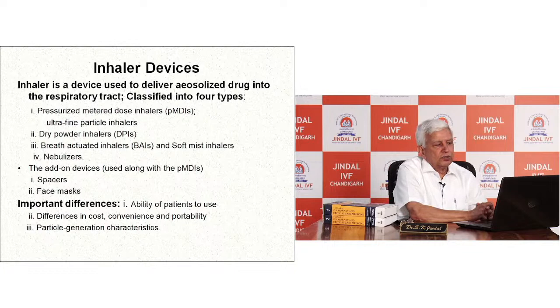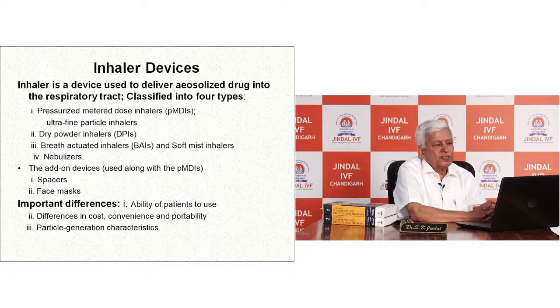Then there are the dry powder inhalers, the DPIs, with which you are all familiar, breath actuated inhalers and soft mist inhalers. We'll discuss these briefly, and finally nebulizers. And then there are add-on devices, the spacers and the face masks, which we'll briefly discuss.